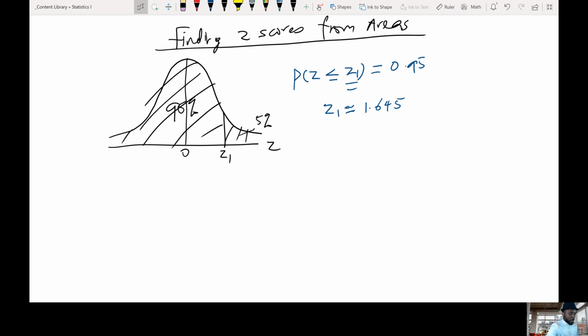The challenge question for you all is to find the top 30%, the bottom 10%, the top 70%.